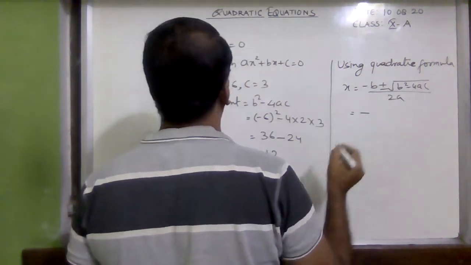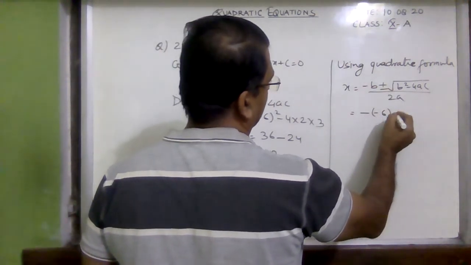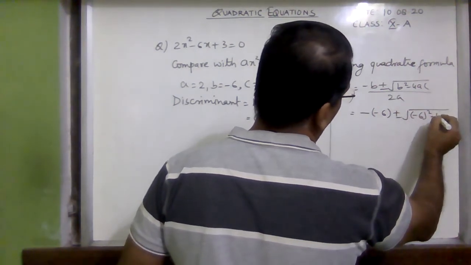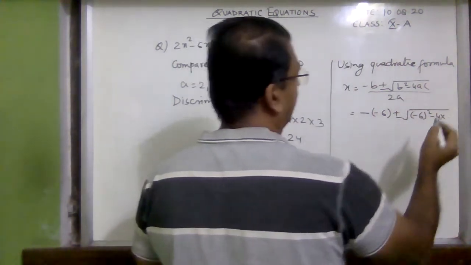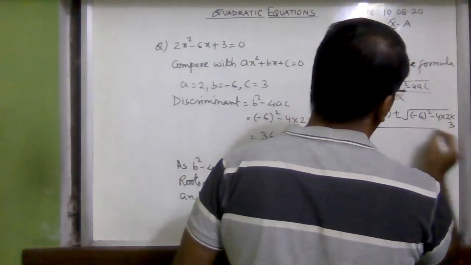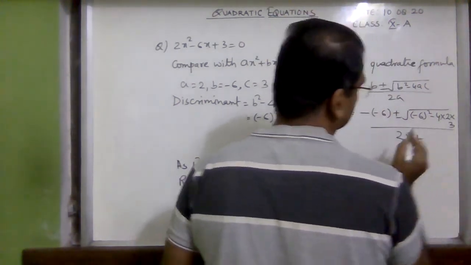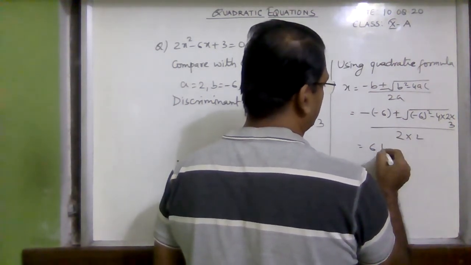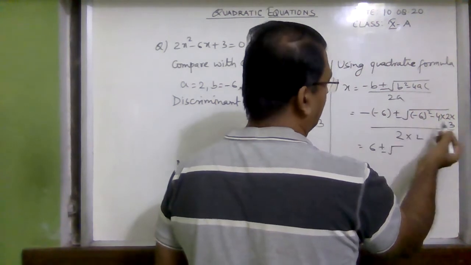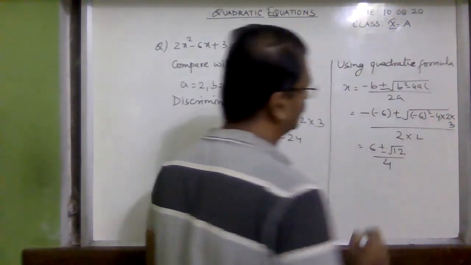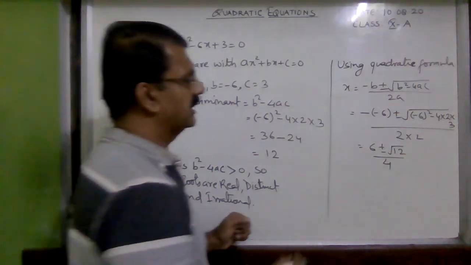Minus b, that is minus of minus 6, plus minus under root b² − 4ac, that is 6² minus 4, a is 2, c is 3, upon 2a, that is 2 into 2. So minus into minus plus 6 plus minus root 12, we have just calculated is 12, upon 4, 2 into 2 is 4.